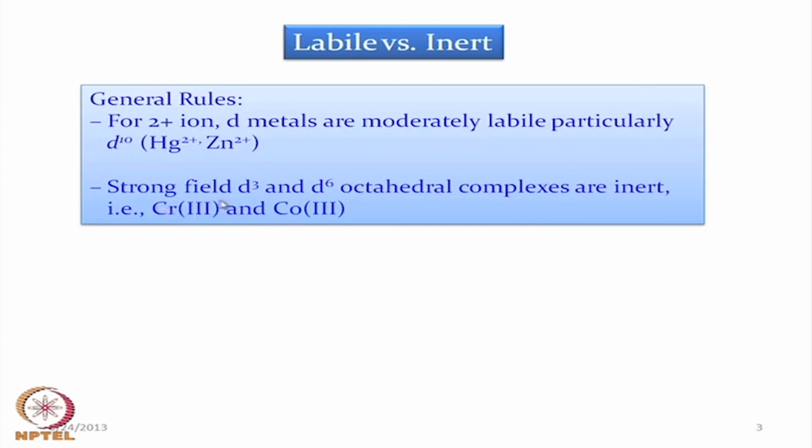But the corresponding compounds of other groups, that means the strong field d3 and d6 octahedral complexes, which have large crystal field stabilization or ligand field stabilization energies of minus 12 Dq for d3 in octahedral geometry or minus 24 Dq for d6, are not reacting very fast. They are called inert or robust compounds because they react more slowly.